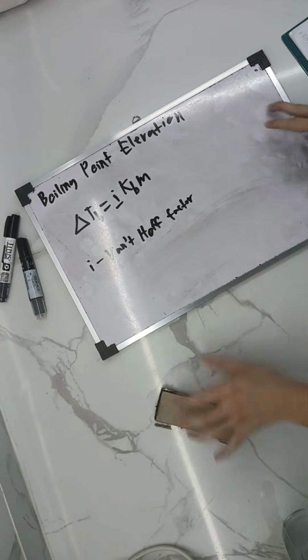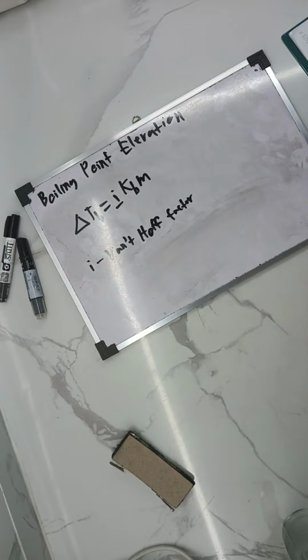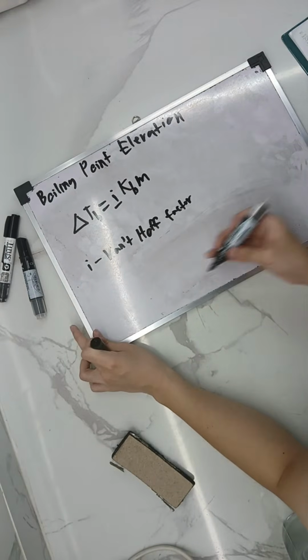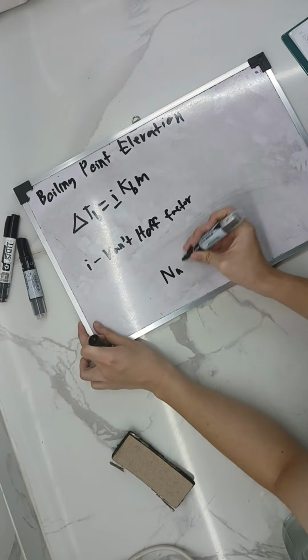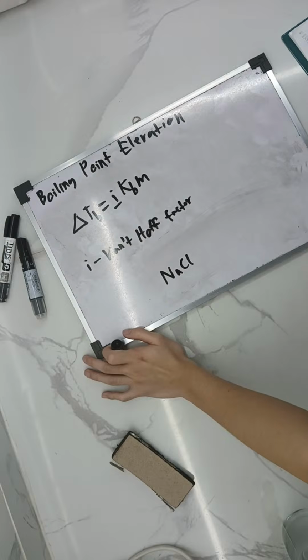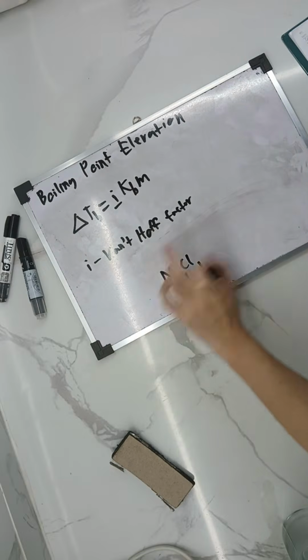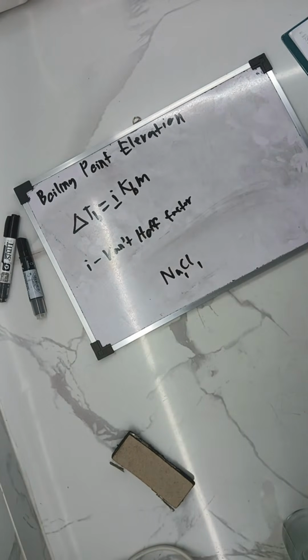So we can actually find the Van't Hoff factor simply by just counting the subscript. So for example, if we have a compound of this, NaCl, sodium chloride, NaCl naturally have a subscript of 1 and 1 because their ions balance each other out.